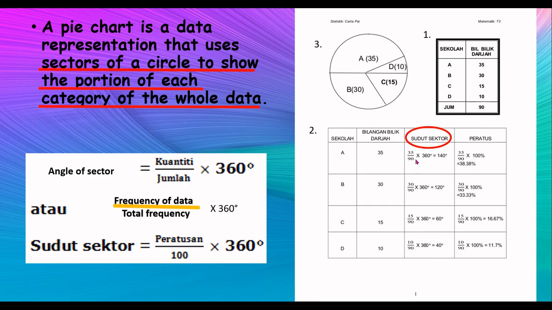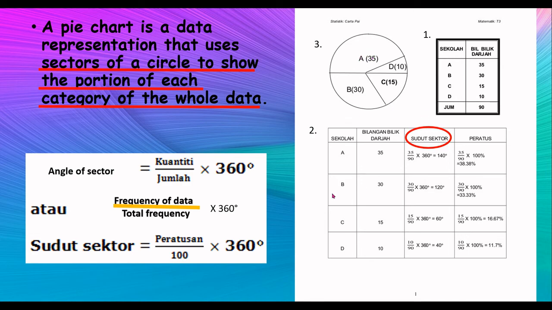Over 90 times 360 degrees, then I have 140 degrees. So when I draw my pie chart, I can use my protractor to find where 140 is, then I will draw the line for the sector of school A.